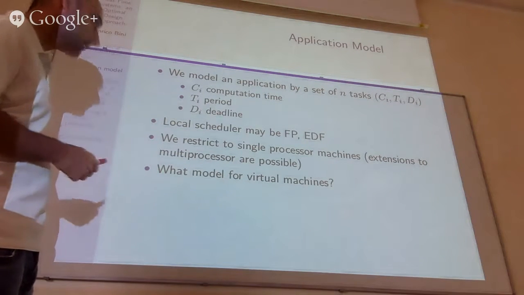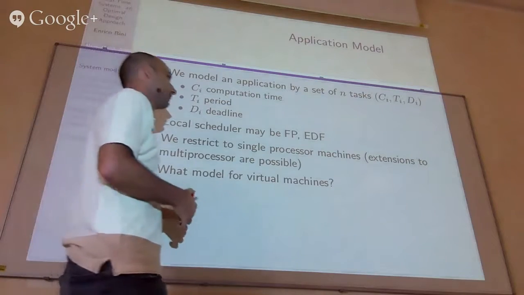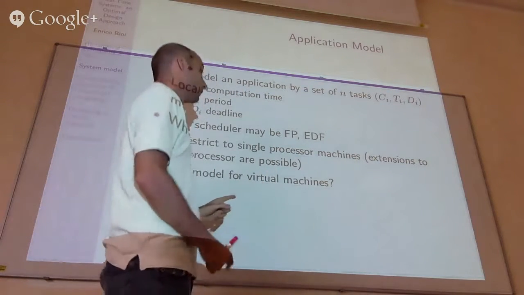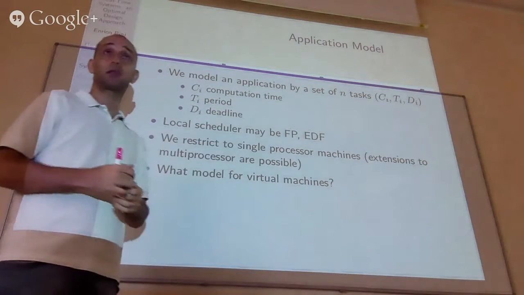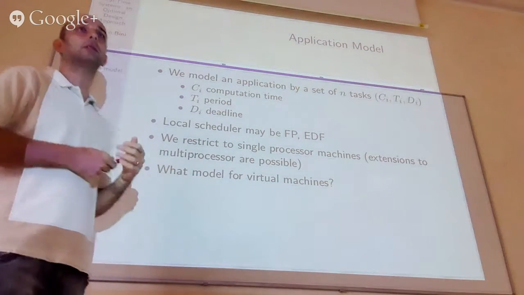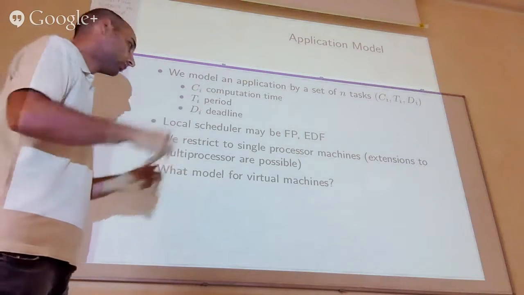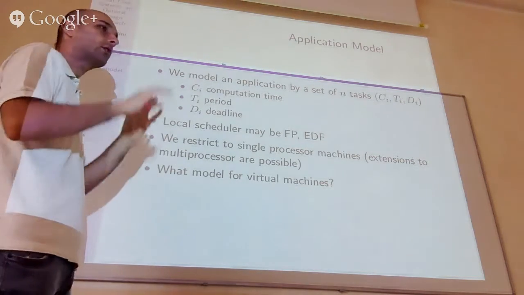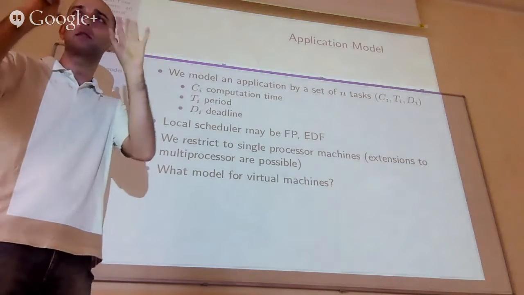And we restrict to a single processor machine. Extension to multiprocessor is possible. There are papers, but I have no time in the class to go into this detail. But conceptually, it's not that different.